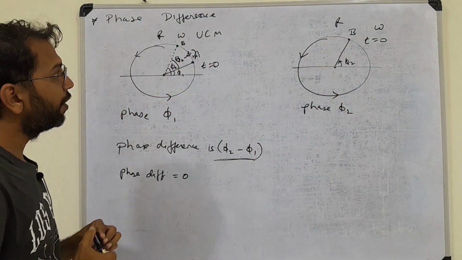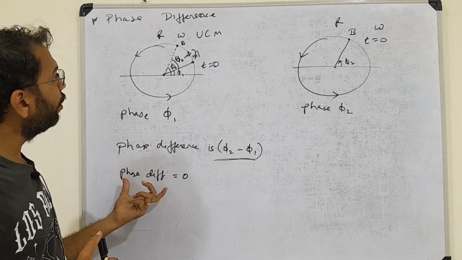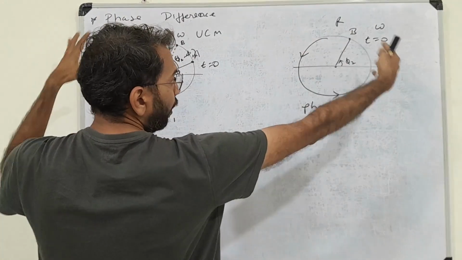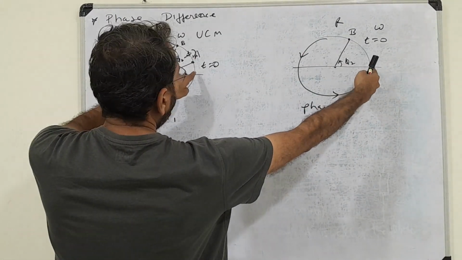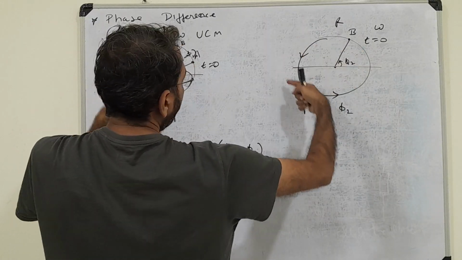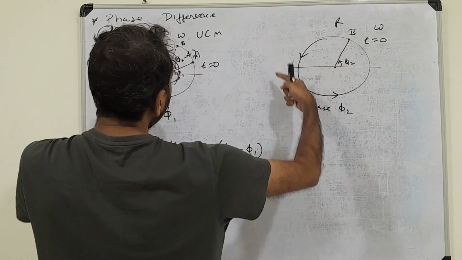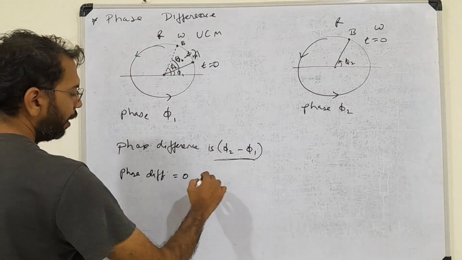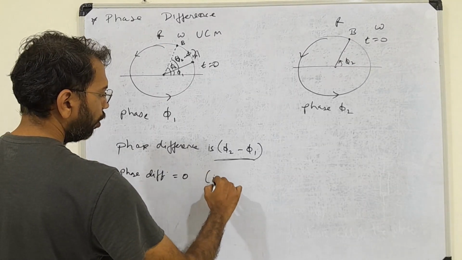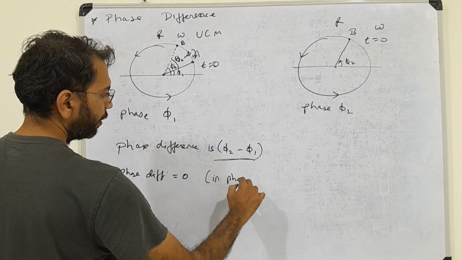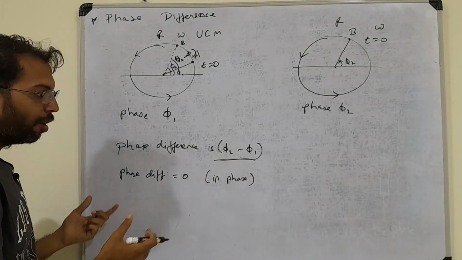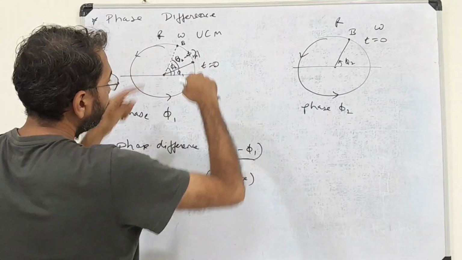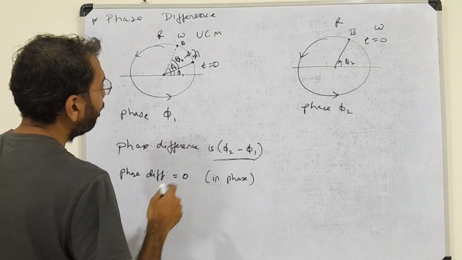So if the phase difference is 0, then these two particles, which are clearly distinguishable, are giving us identical motion. So they go like this in circles, they are in phase. By the way, phase difference 0, we also call it as in phase. Any phase difference which is not 0, we say out of phase, or more especially when the phase difference is pi, but we will come to that.